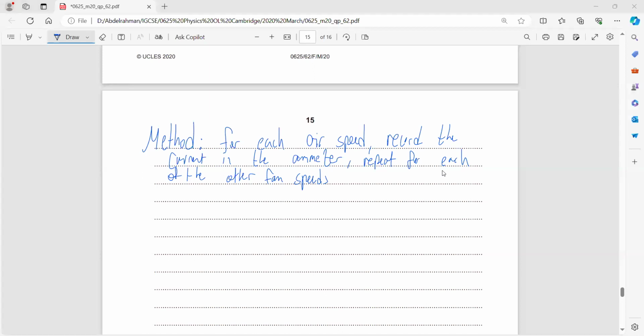As for the conclusion, you do not need to write down a table in this question. For each airspeed, repeat and take average.